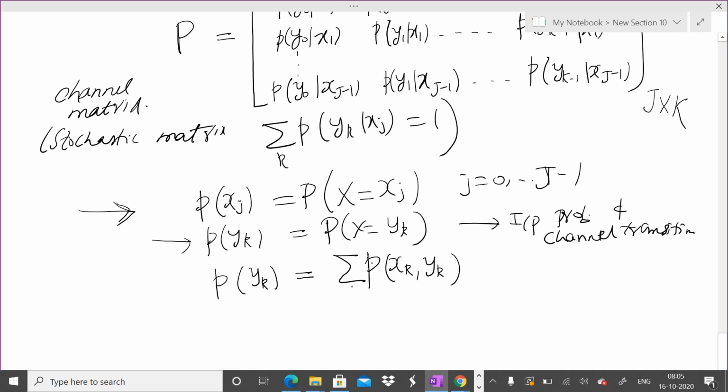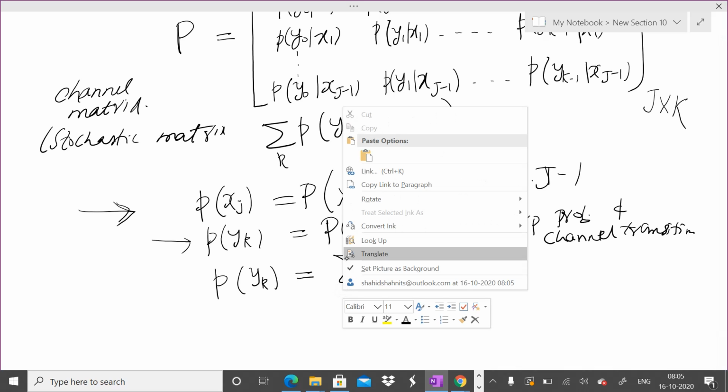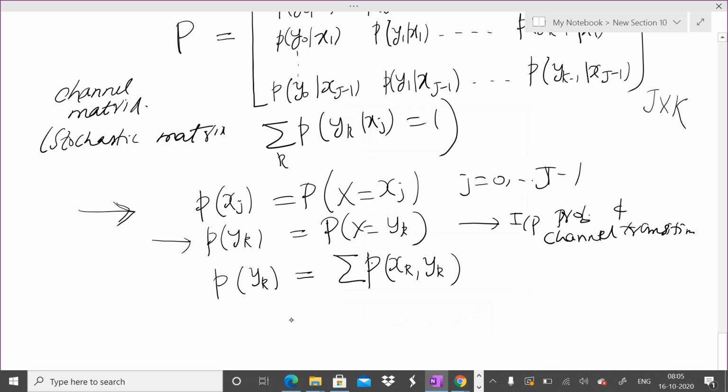We should sum it over all j. This is how we get the marginal from the joint, which I have told you in the last lecture also. You sum over the other random variable. Suppose you are given the joint distribution, you sum it over x, you will get the marginal probability of y. Right?